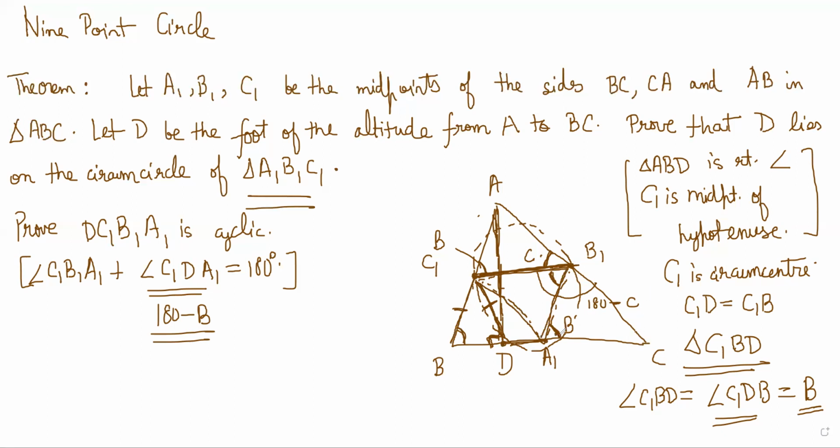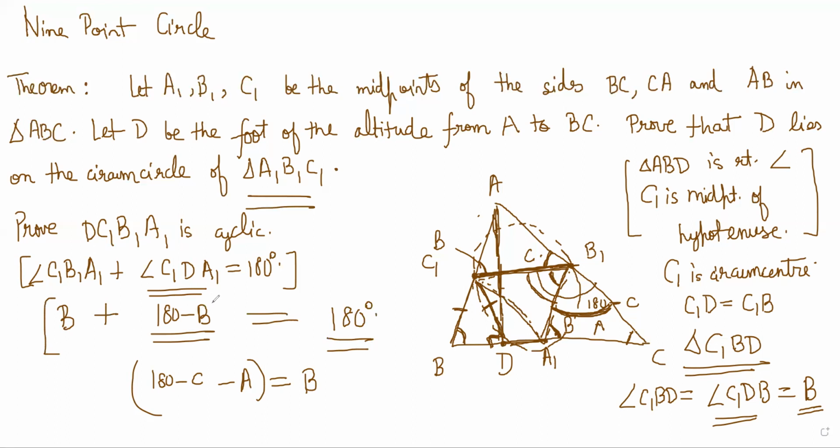And this is C, so this portion will be A. So this portion will be 180 minus C minus A, which is equal to B. So this becomes B plus 180 minus B, which is 180. So that implies that this quadrilateral is cyclic.